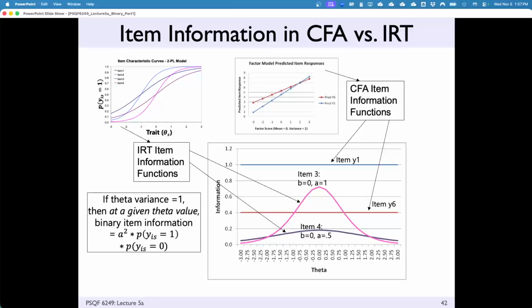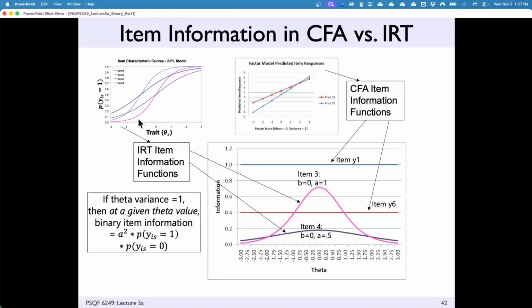So when you switch to IRT, you think, what makes an item good? It's most informative right about where its difficulty looks to be. So that means item 3 is really good at measuring people whose ability is right around 0, and item 4 is less good, but also right around 0. If you were to draw the dark blue and the light blue lines over here, they would have a different location.